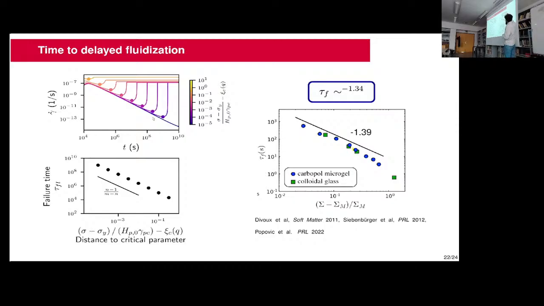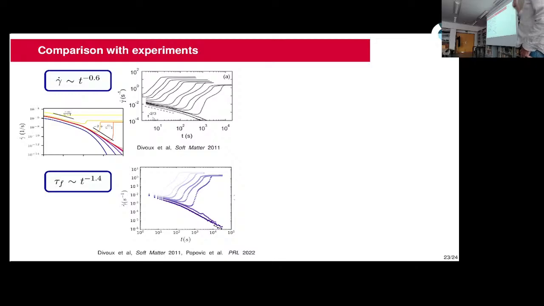But we also find, with a different method, a similar exponent, which supports the validity of this scaling. So let's just have a look at different experiments, and we go back to all the scaling regimes we've seen.